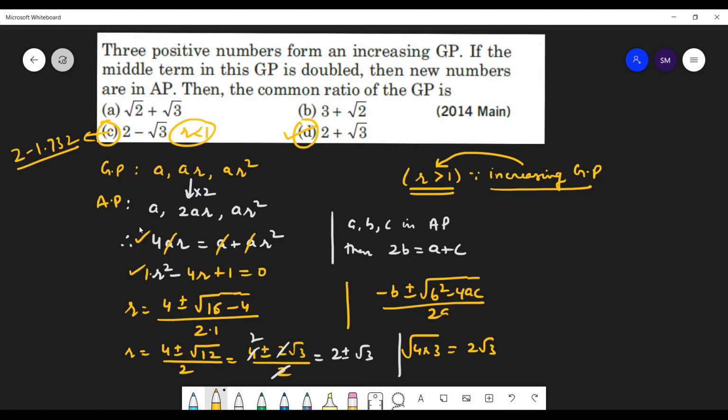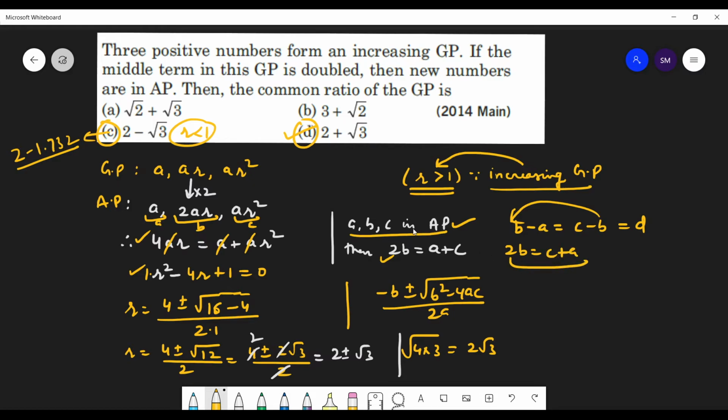See, this is your term B, this is your term A, and this is your term C. If the three terms are in AP, then 2B is equal to A plus C, because B minus A is equal to C minus B, that is equal to your D. So taking this B this side, you get 2B is equal to C plus A. That is also because B is the arithmetic mean.